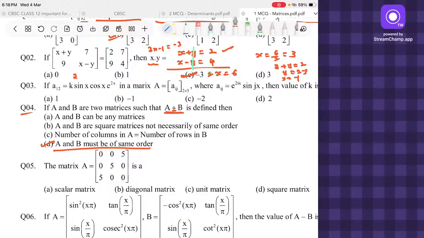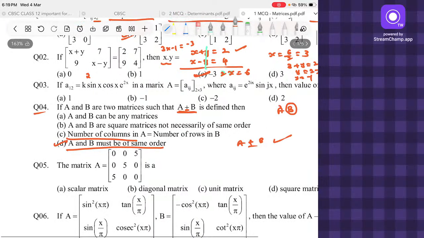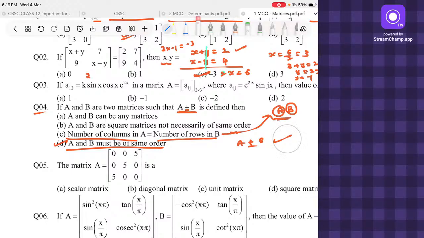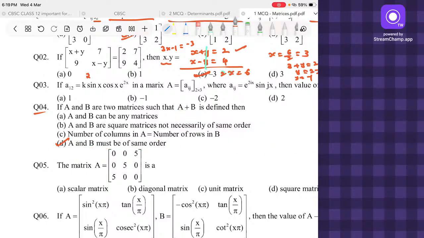Then only A plus B or A minus B is defined. Multiplication is defined if the number of columns in A is equal to the number of rows in B, then the product is defined. For this question, D is correct.